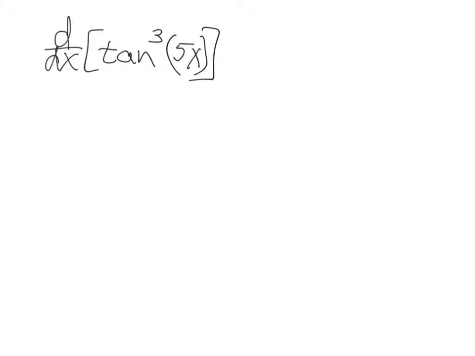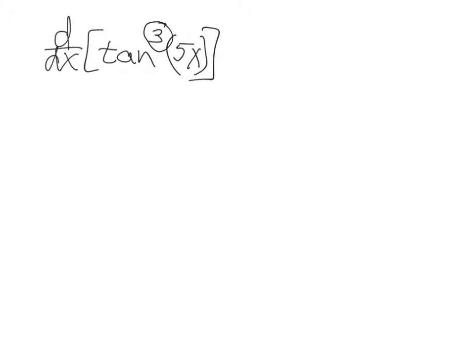Let's take a look at this derivative of, well, a chain rule, but with the trig functions. Now, whether it's tangent or sine, cosine, any of the trig functions, this notation means that's the power of that trig function.